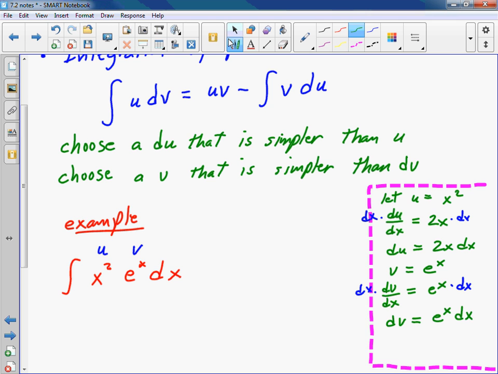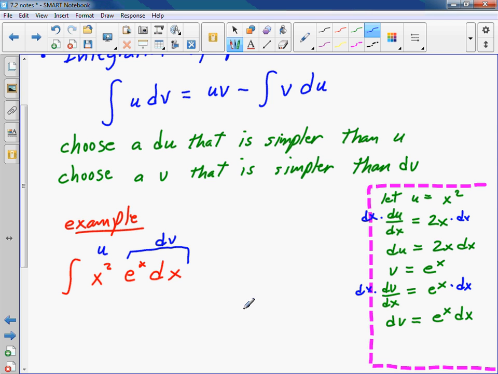And that's what I saw over here. So this whole thing right here is my dv. So now I've got u dv. Life's good. And we're ready to integrate by parts.